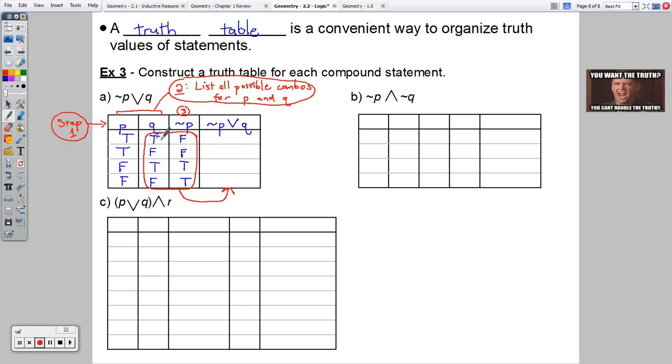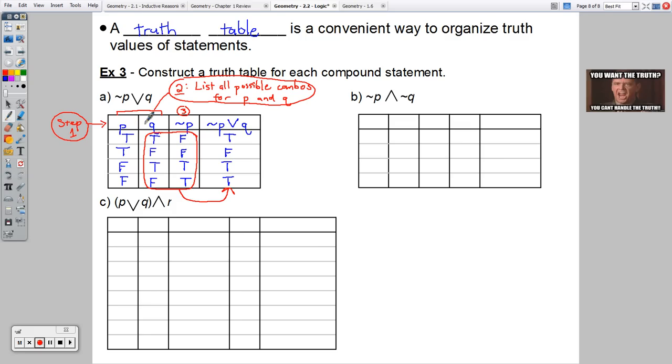So do you have one of the statements in this row being true? Yep, we got Q true, so that means not P or Q would be true. If they're both false, then your disjunction's false. If they're both true, or one's false and one is true, then the disjunction is true. So we have 3 true values and 1 false value for not P or Q.